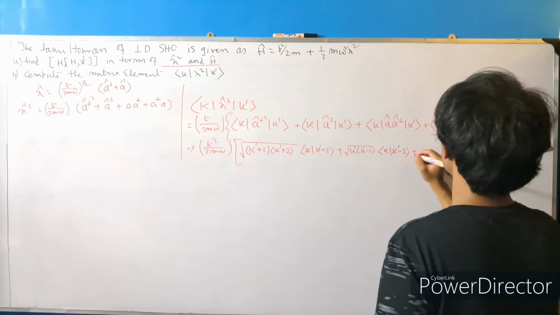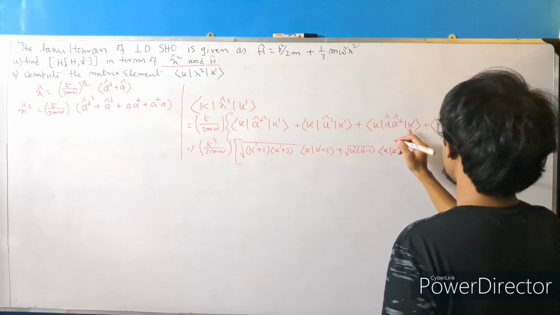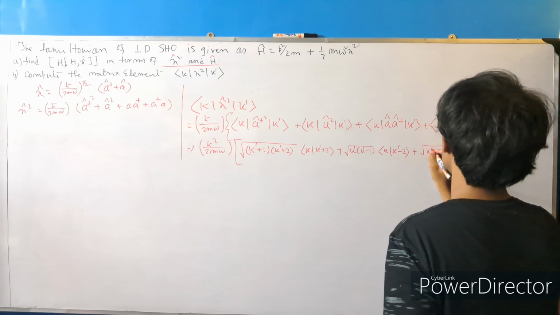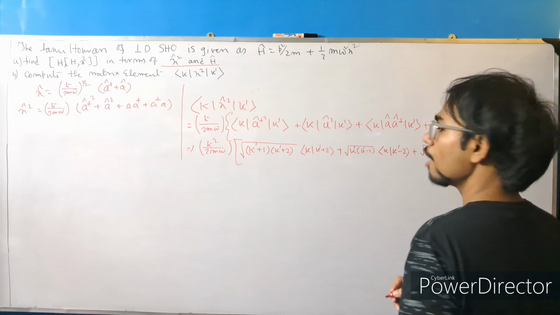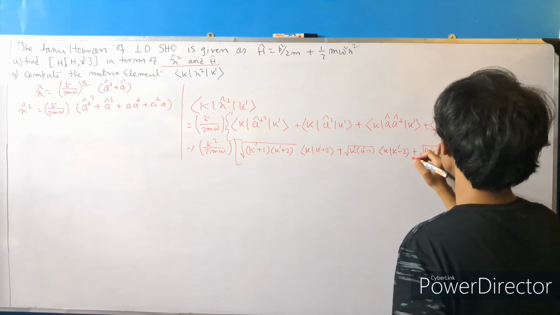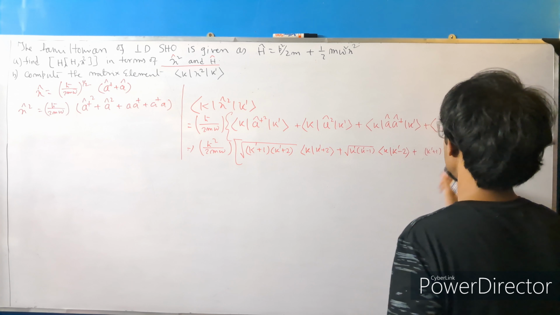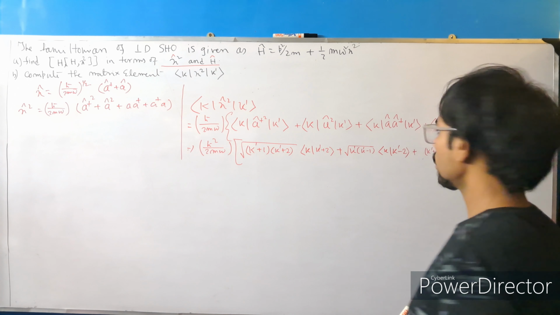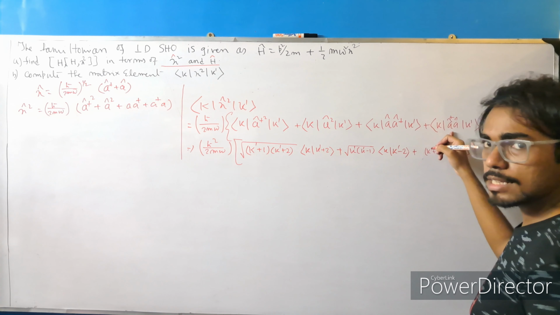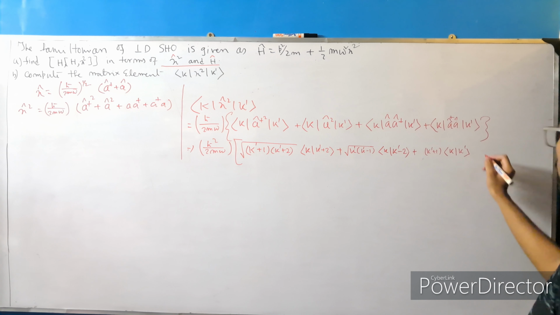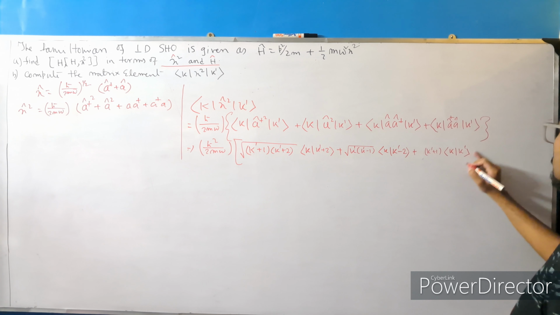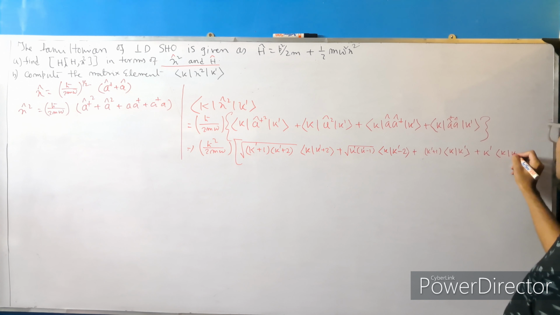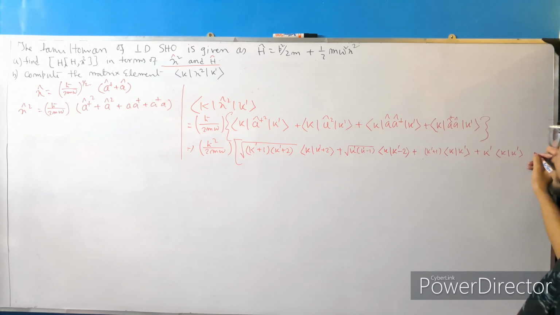After that, we know if a dagger operates on k prime, we will get k prime plus 1. And after that, if a operates, we will get again k prime plus 1. So the root will be ruled out and we will get k prime. And this a dagger a is just a number operator. So we directly can write that it will be giving us k prime with k, sorry, k prime.